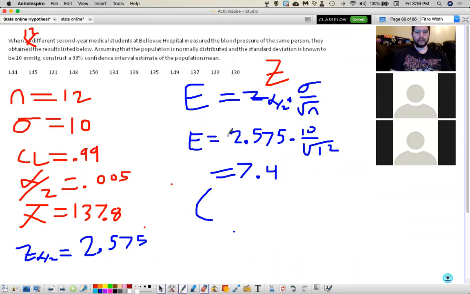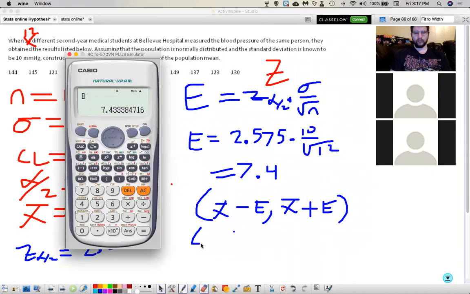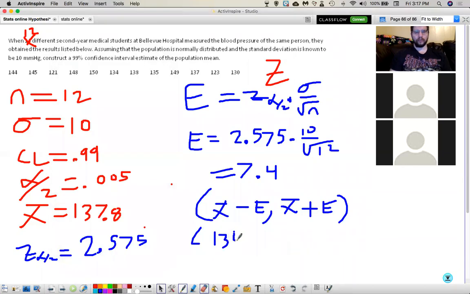So X bar minus E and X bar plus E, that's what we need. So that's A minus B, 130.4. Again, our data goes to the ones place, so our interval needs to go to the 10th place, 130.4.